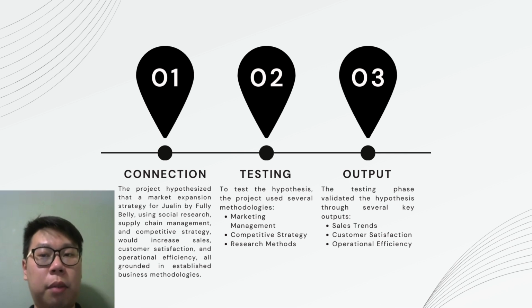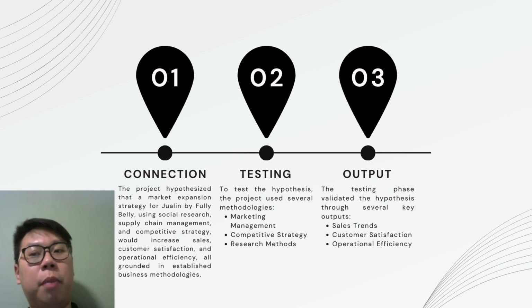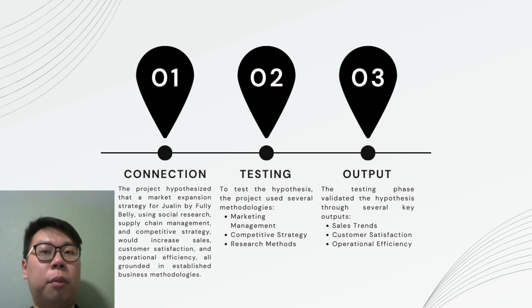First, the marketing management developed strategies based on Kotler and Keller to attract a broader customer base through targeted promotions, loyalty programs, and digital marketing, aiming to boost sales and customer satisfaction.